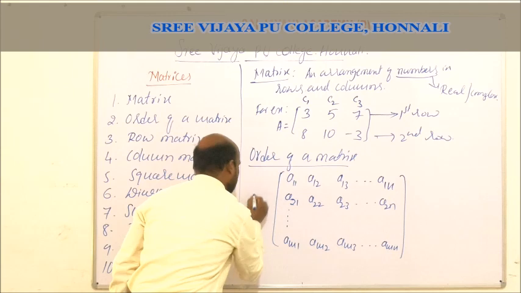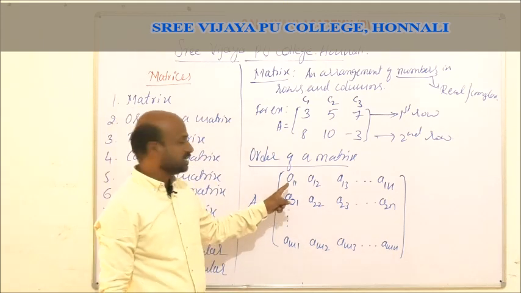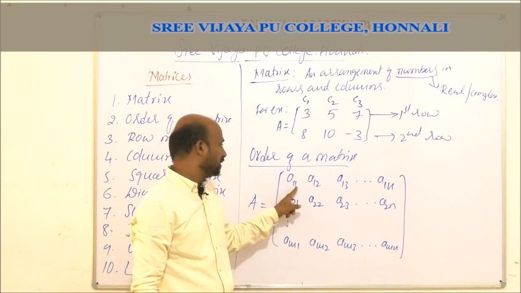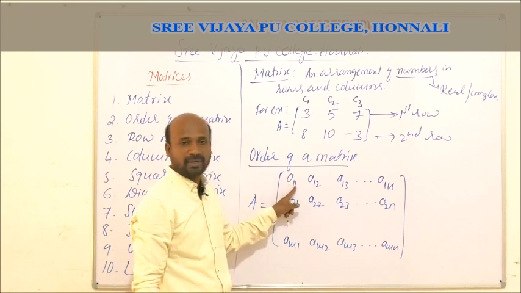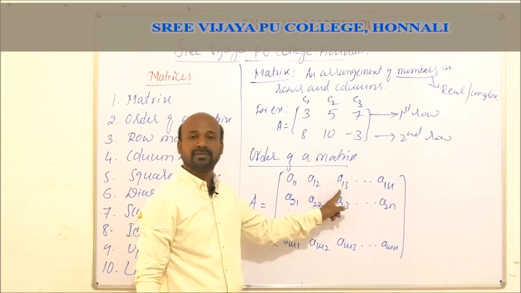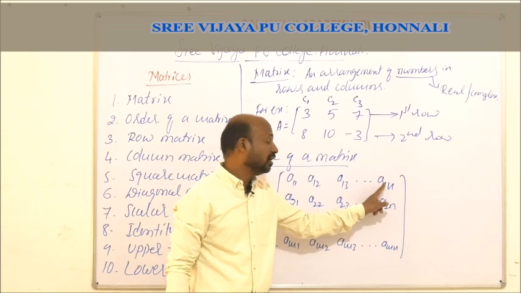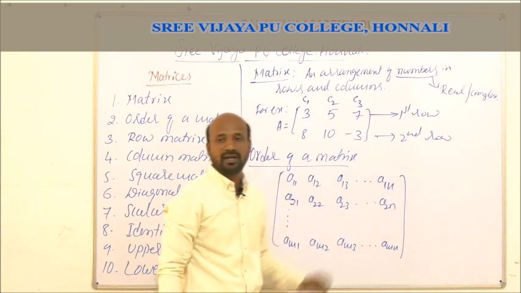This is the matrix A. A11 means first row, first element; A12 means first row, second element; A13 means first row, third element; and so on up to the first row, nth element.